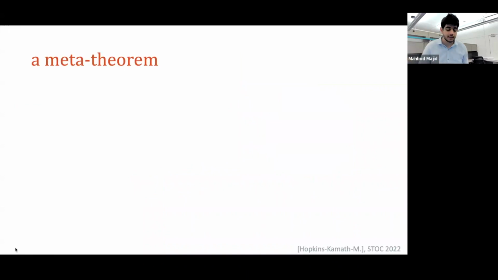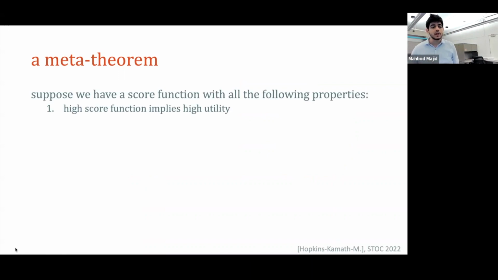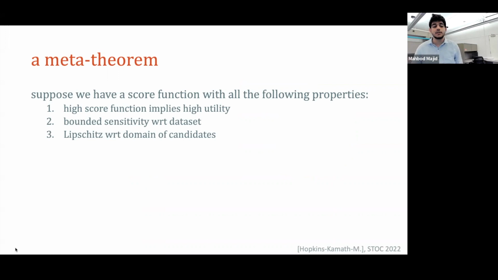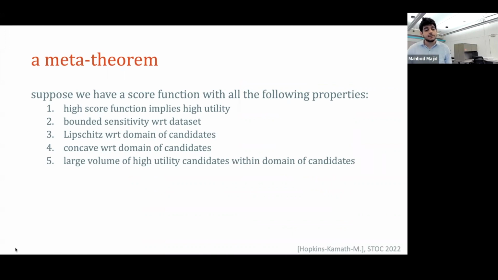Okay, so the thing is that our approach is not very specific to this problem of mean estimation. It can be shown that if we have a score function that has all of the properties that we use: a high score implies high utility, it has bounded sensitivity, it has Lipschitzness with respect to the candidates, and it has concavity with respect to the candidates. Then we have a large volume of good points basically.